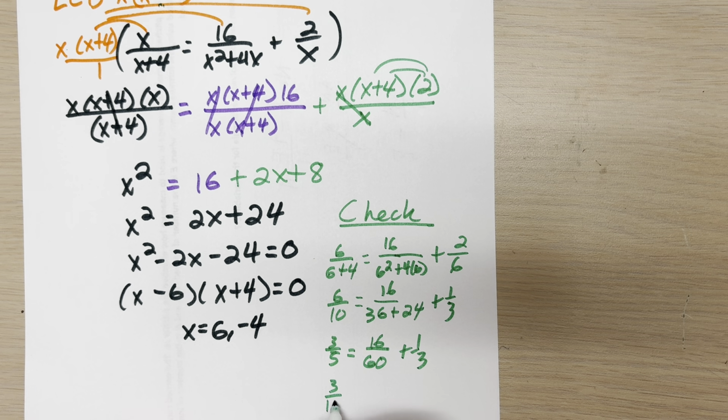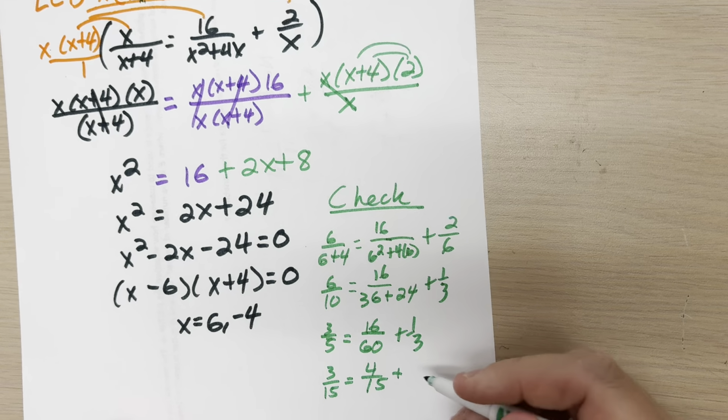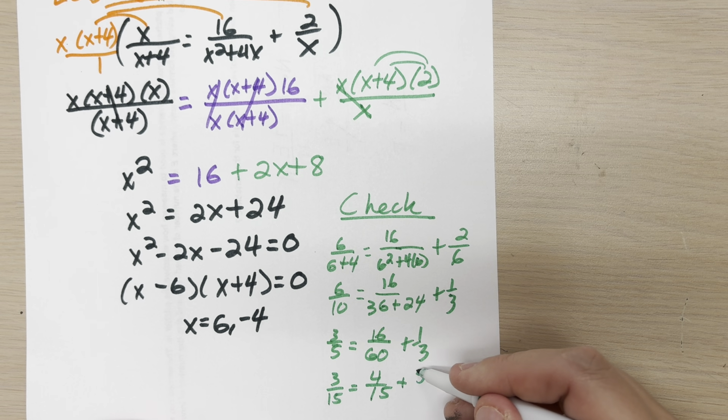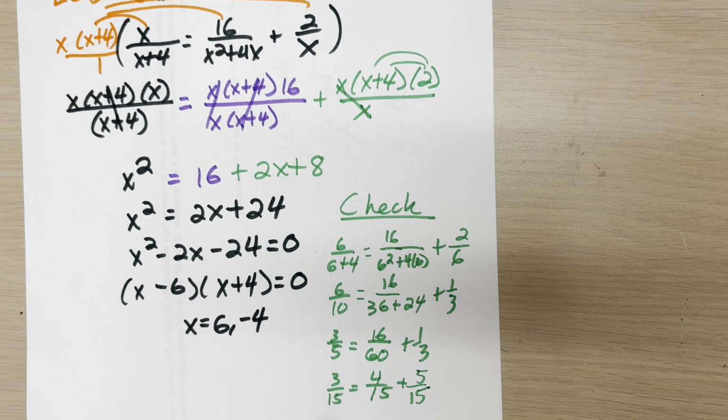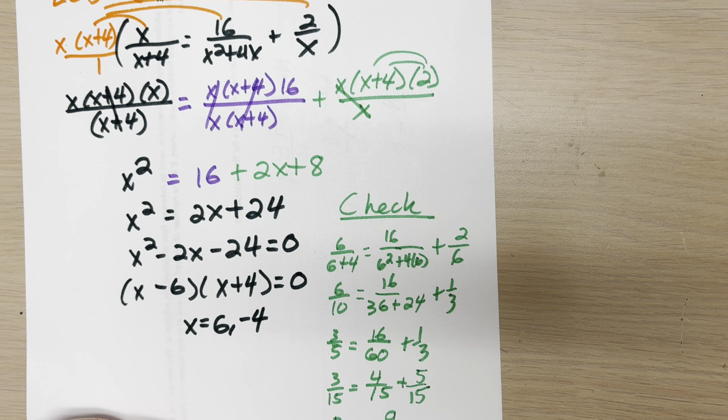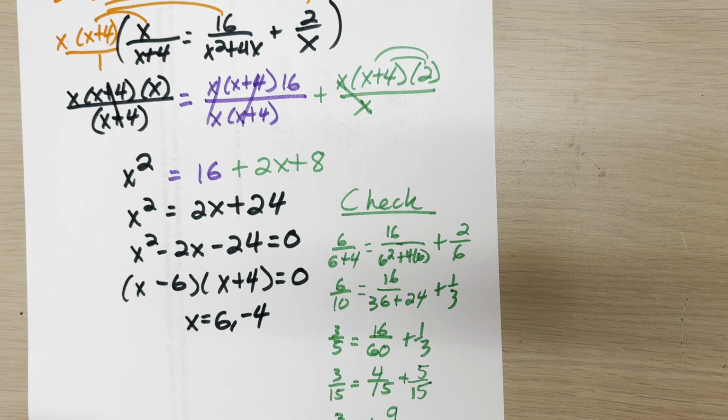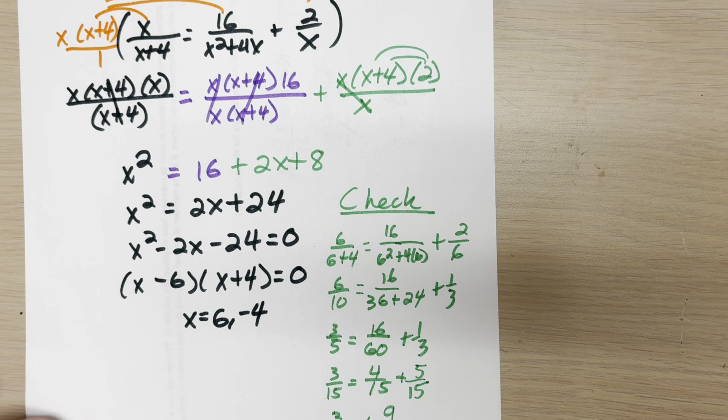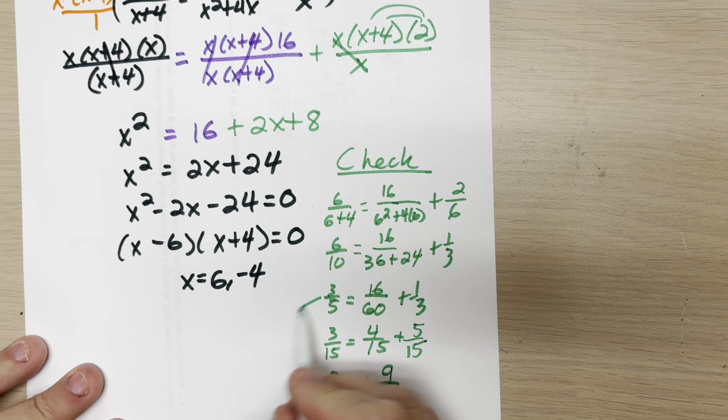So let's see if I can get this. Okay, 4/15. If I want this in 15ths, it's going to be 5/15. So this is not equal unless I missed a sign somewhere. So 3/15 does not equal 9/15, right? Oh, can I just reduce? Oh, wait a minute. What am I doing? Silly lady. Okay, wait a minute.